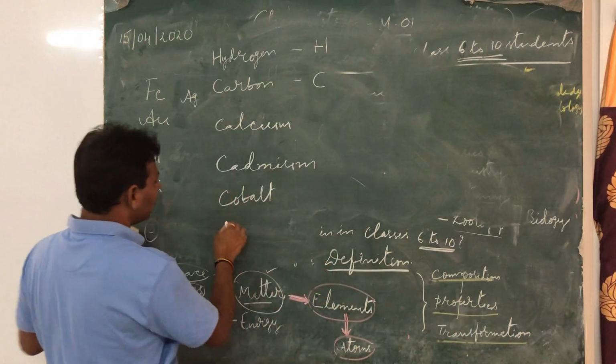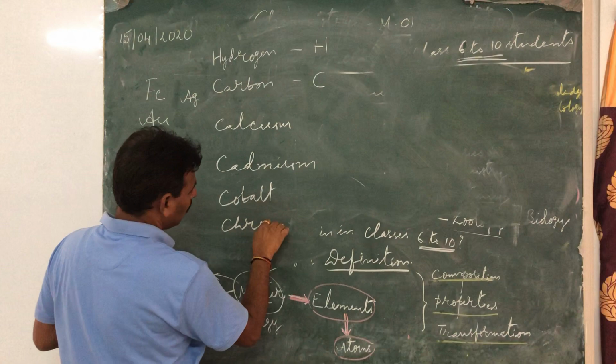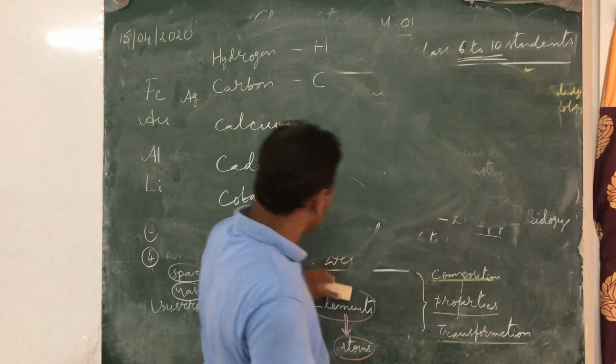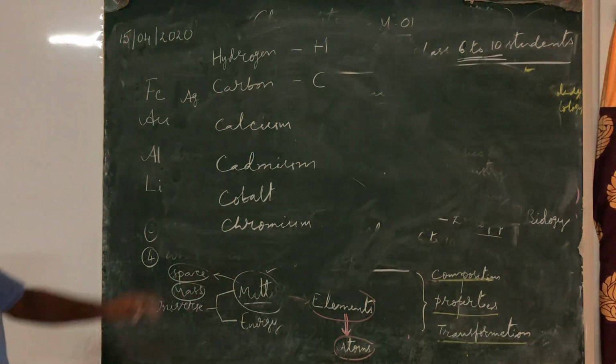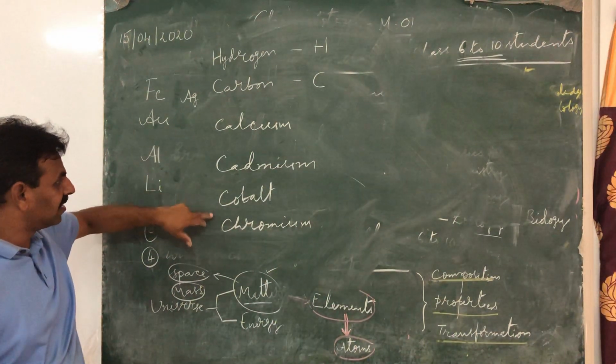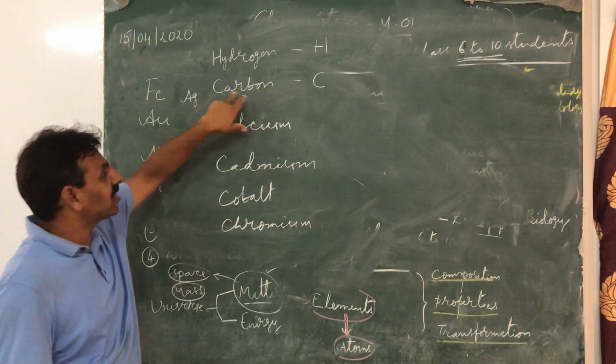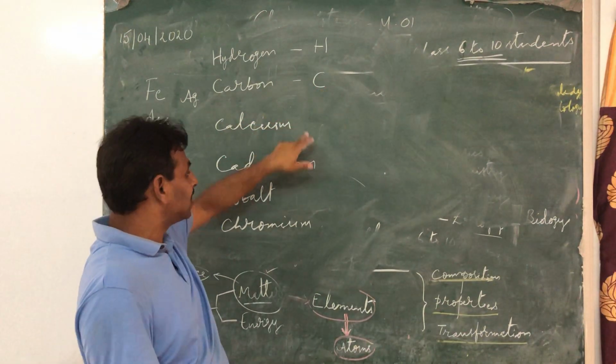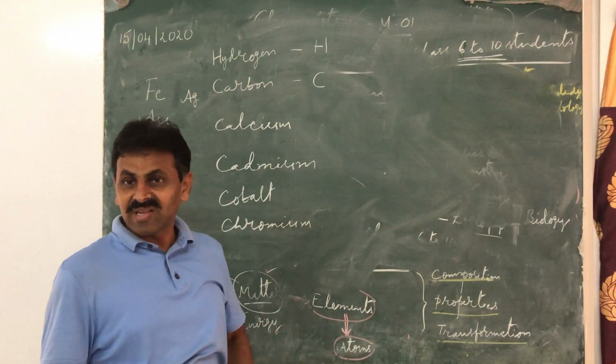Another element named chromium. Now see, in all these elements, the starting letter is C. Now already for carbon we gave the symbol C. Now we cannot afford to give the same symbol for other elements.